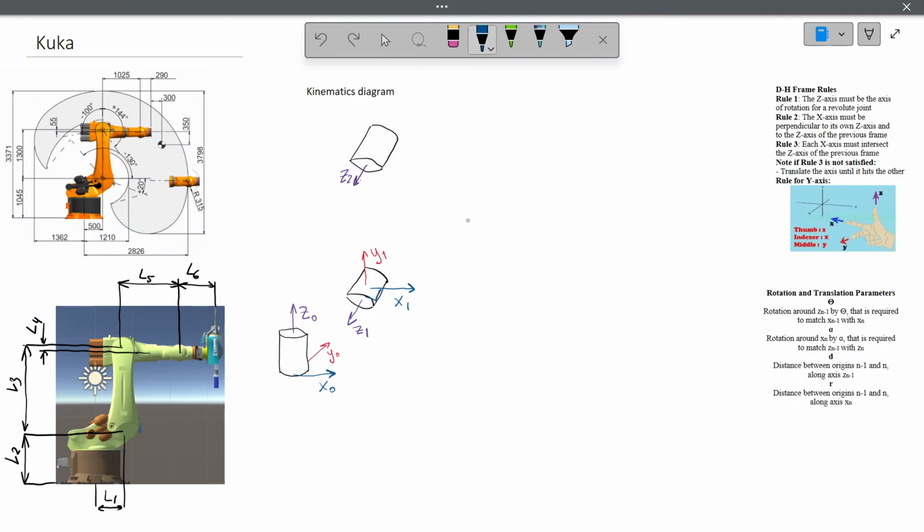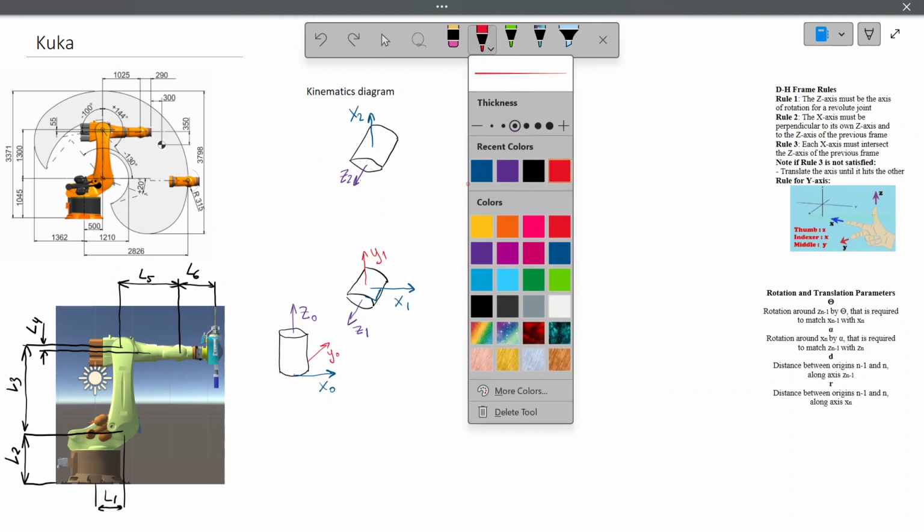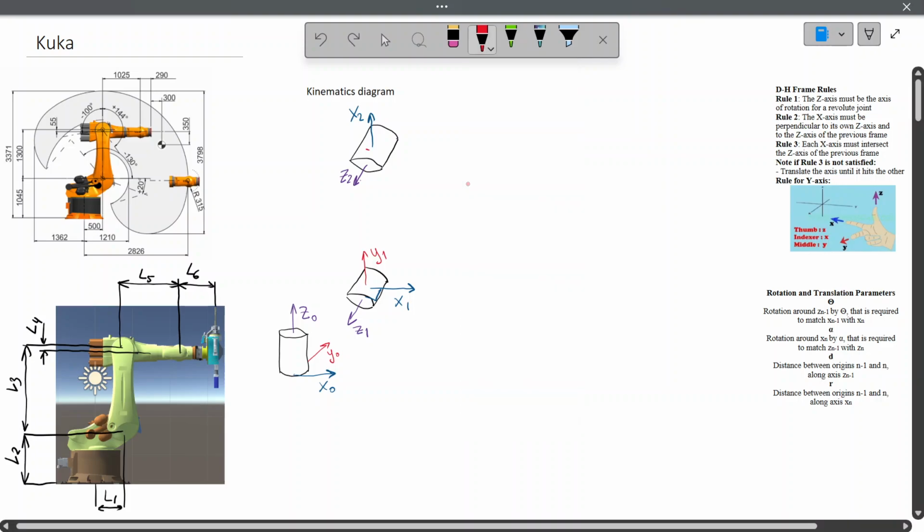That's why we need to draw this axis down or up. Let's draw it up, x2. Now it's perpendicular to this one, and if we continue this x-axis, it will also be perpendicular to the previous one and intersect it. Based on the rule, we draw the y-axis, so here we draw y2.